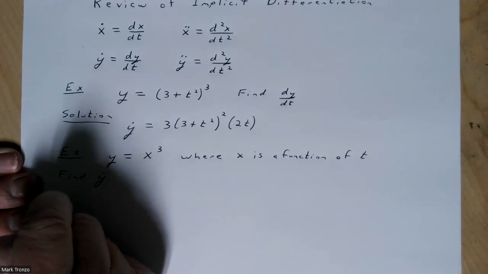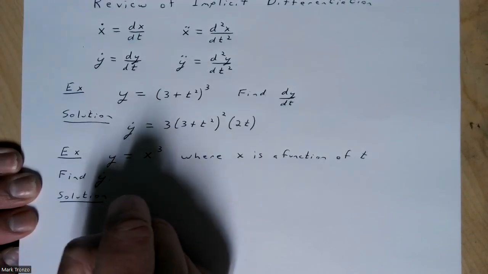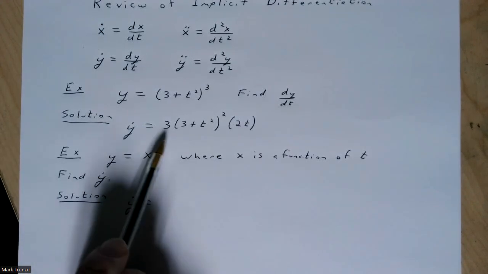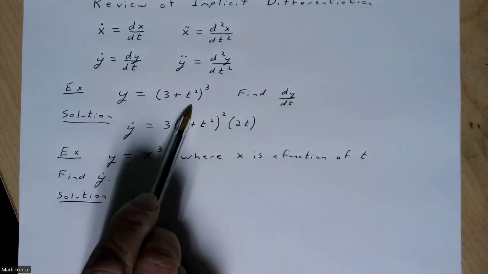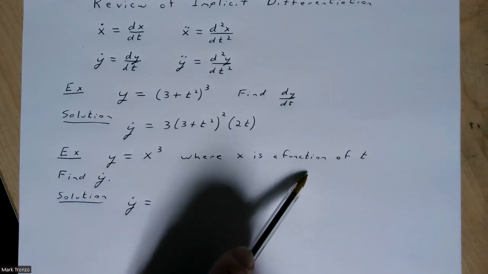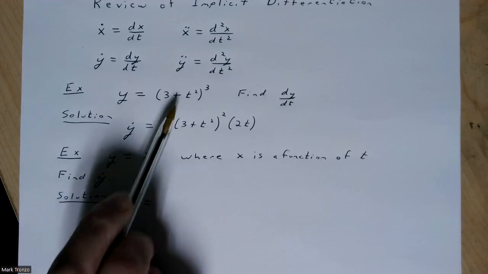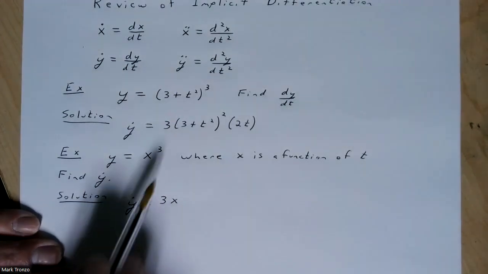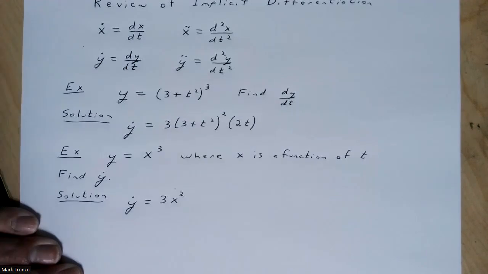So for the solution, we do y dot just like before. This is similar to the previous problem where we had (3 plus t squared) cubed. Now we have some function of t, but this time we don't know what that function is. We're going to do almost the same thing as before. We take 3 times x squared.